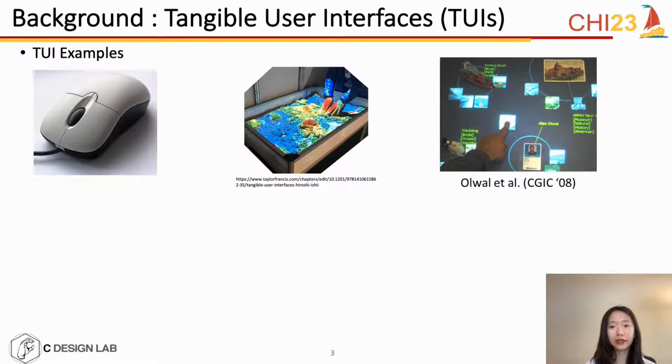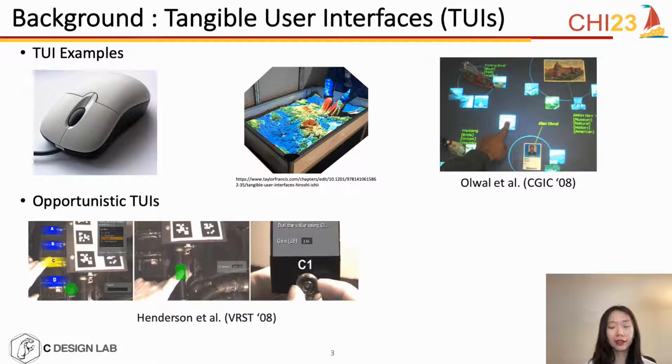Tangible user interfaces allow a user to interact with digital information through the physical environment. With the advent of mixed reality, TUI has become one essential way for rendering haptic feedback in AR.